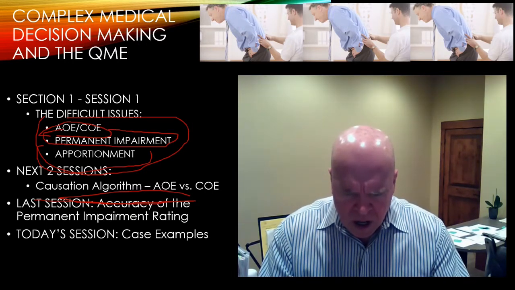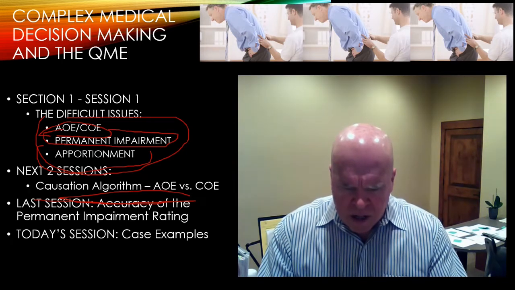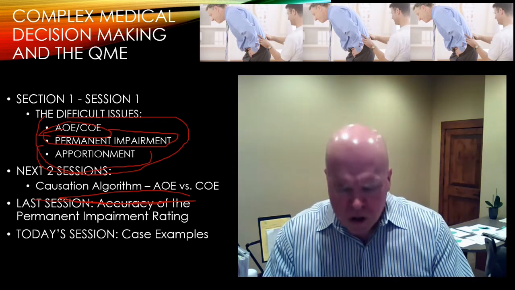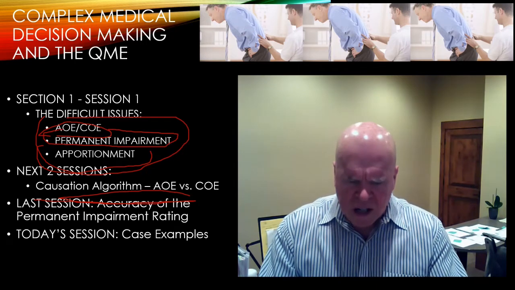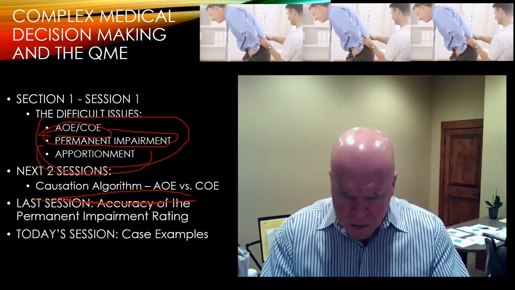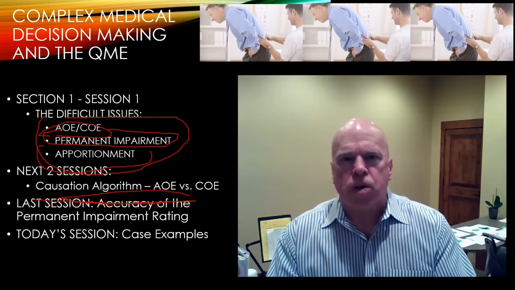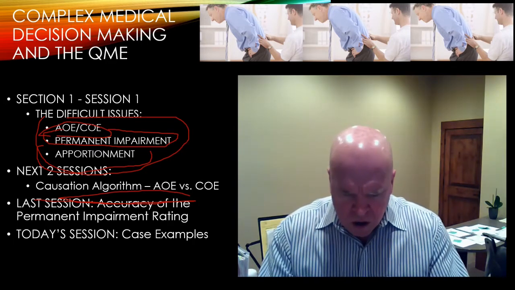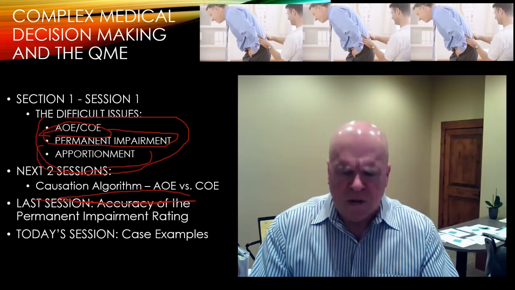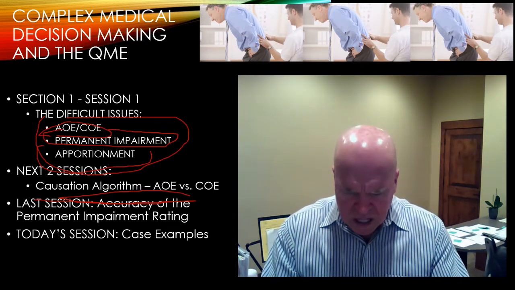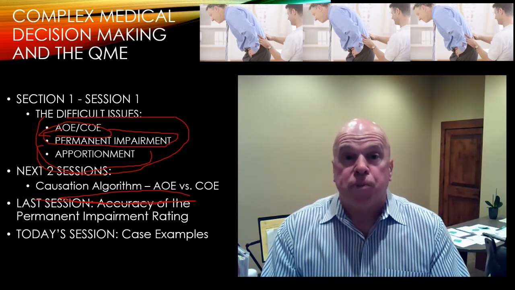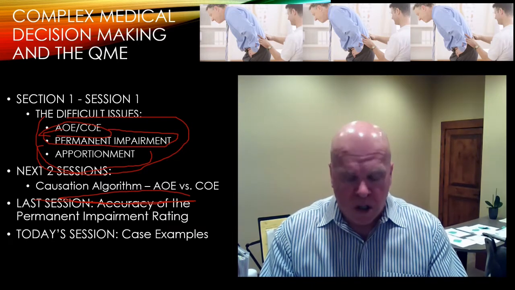She said, "Is it accurate that your opinion as it pertains to the cervical spine and as documented on page 60 in your report is such that the applicant did not sustain injury, AOE-COE, to her cervical spine as a result of the March 3rd, 2015 date of injury?" So this was a question regarding AOE-COE.